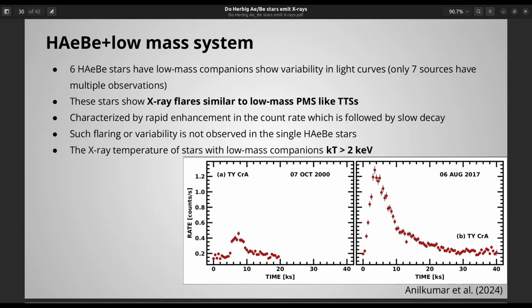The previous studies were mostly in a confused state: is it due to binaries, or is it due to the original star emission? If that is the case, then why is it? Is it coronal? Then what's the role of the magnetic field? All these issues were there. So it's good that we are seeing some new insights here, but much could be done in this direction from further analysis and observations.